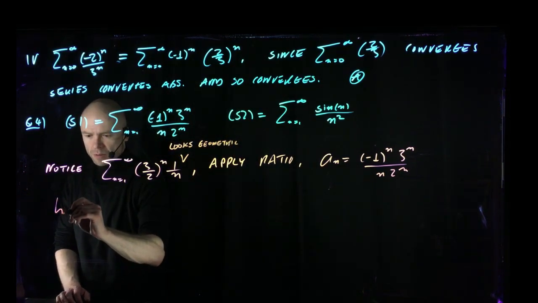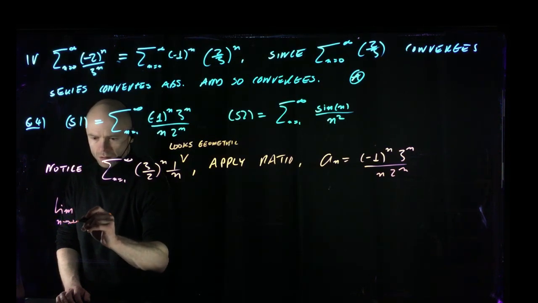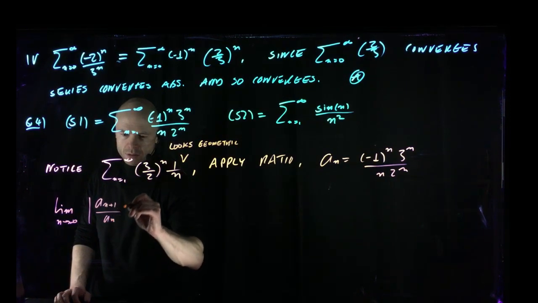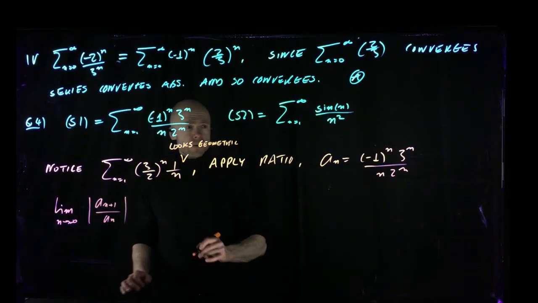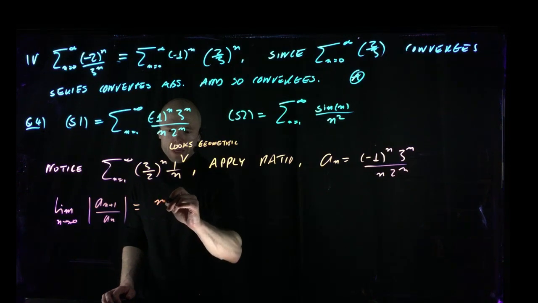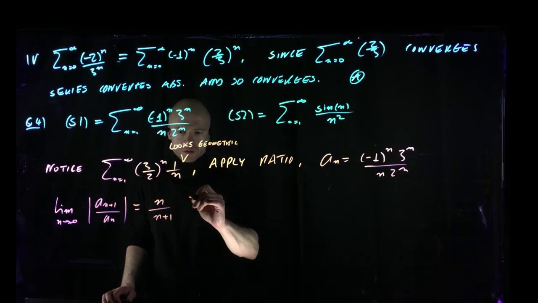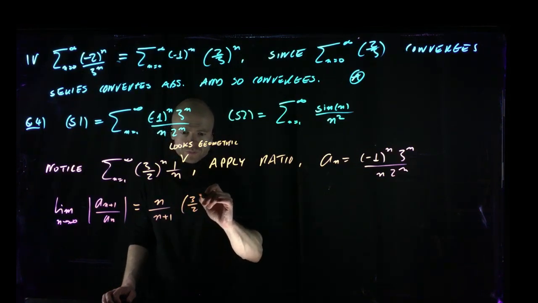So then what happens when we take the limit as n goes to infinity of a_(n+1) over a_n? Then we are going to have n over n plus 1, the minus 1's vanish, and we are going to have just 3 over 2.